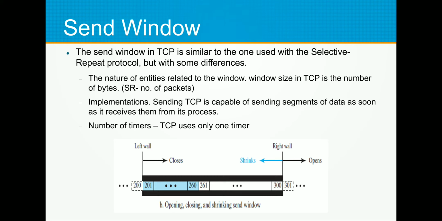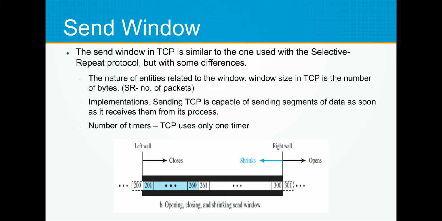And at the same time, as a result of the vacancy being created by the acknowledged bytes, the right wall can open, can move to the right direction. That is pretty obvious because vacancy has been created.